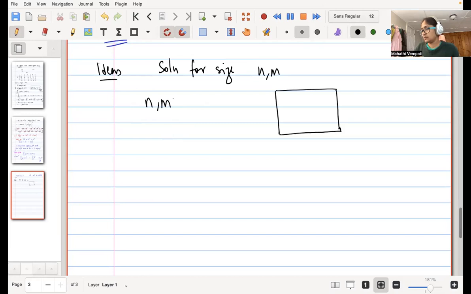So n comma m plus 1, n plus 1 comma m, and then n plus 1 comma m plus 1. If you have this, what are these, right? Okay, if you have the solution for size n comma m, and you want it for n comma m plus 1, if you also store like the square's endpoint, say.